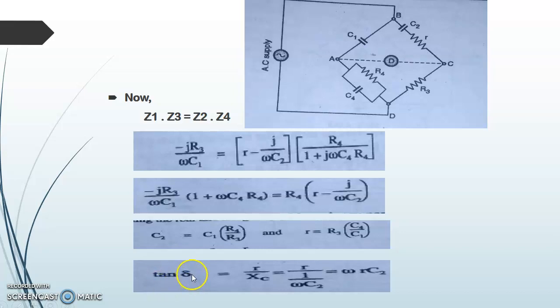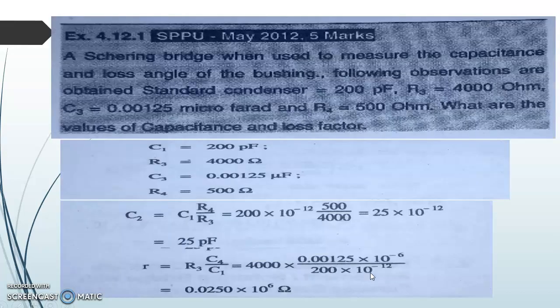So tangent of loss angle is given by R upon XC, which is equal to R upon 1 upon omega C2, where XC is 1 upon omega C2, which is from the very basics of electrical. So it is equal to omega into R C2.